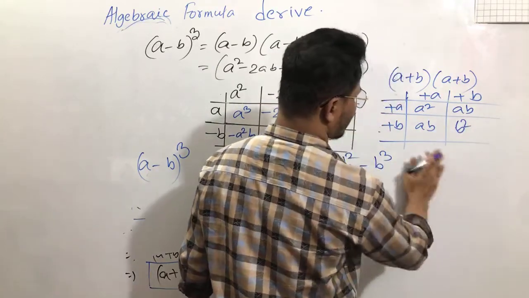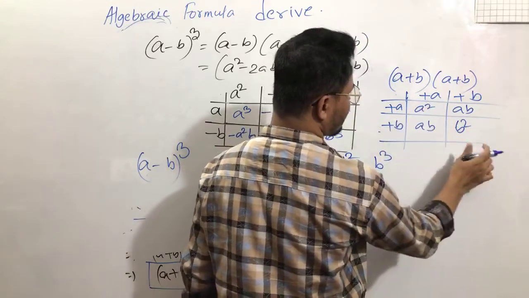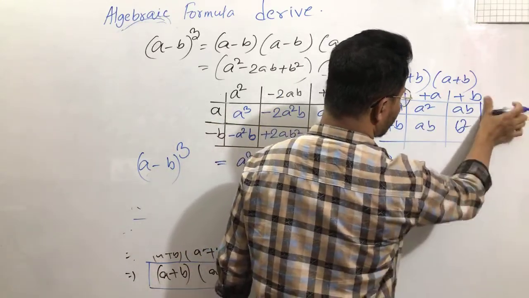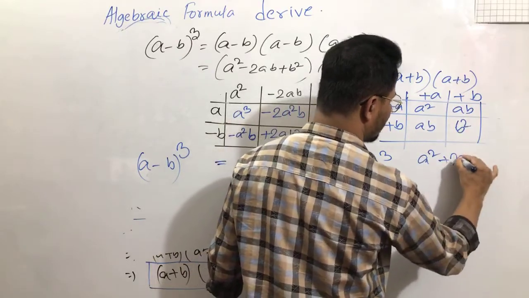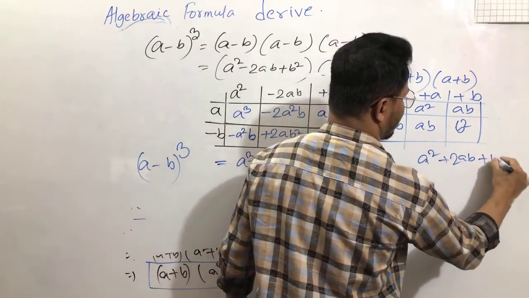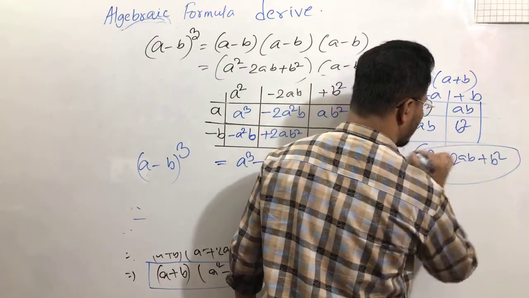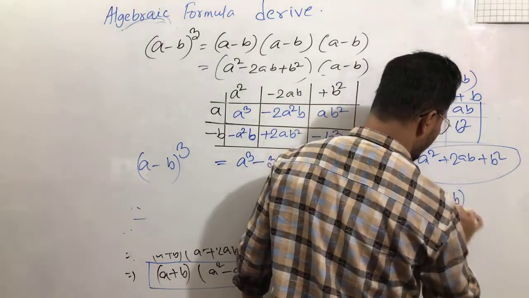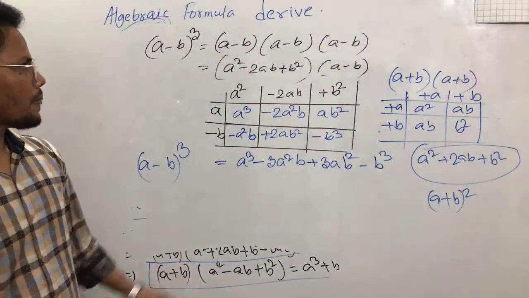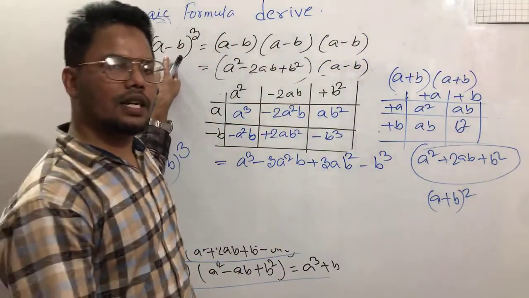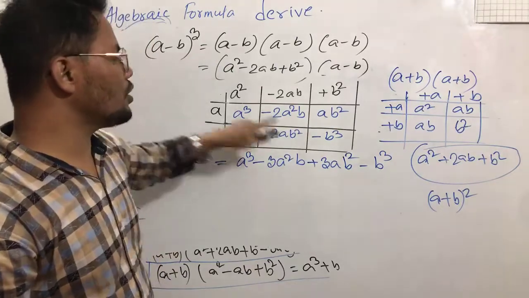Now what is the result? The result is totally inside the box: the a square, ab plus ab, 2 times of ab, b square. So this is the result of a plus b whole square, that is a plus b multiplied with another a plus b. Similarly we can find here a plus b whole cube.